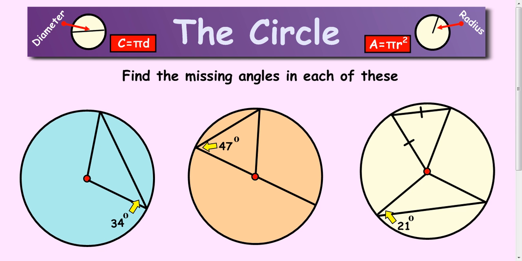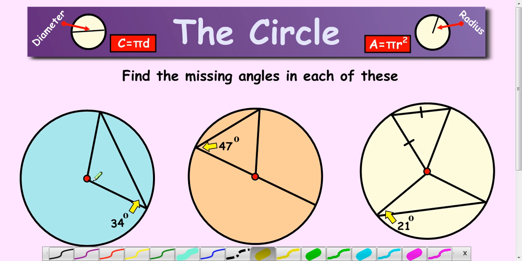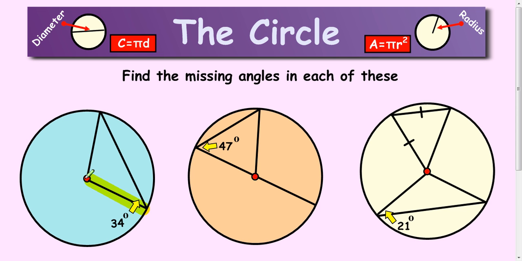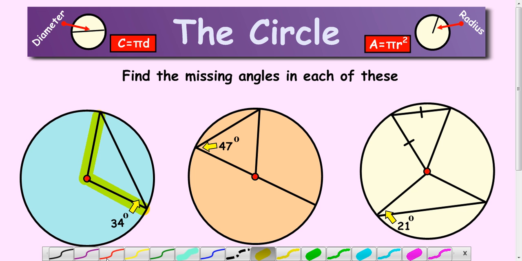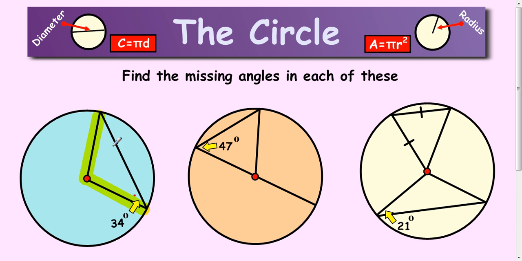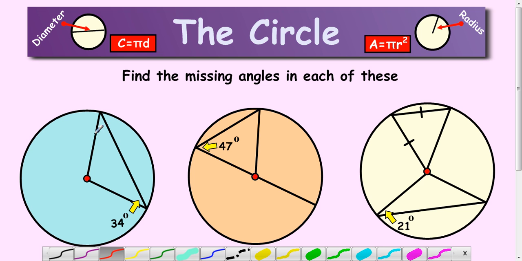Right, let's have a look at how to do this. So this first example, find the missing angles in each of these. So this here is an isosceles triangle. That's a radius, and that's a radius. Okay, and it's the two angles on the outside that are the same. That angle there is the same as that angle there, the ones near the circumference. Which means that that top angle there is 34 degrees.